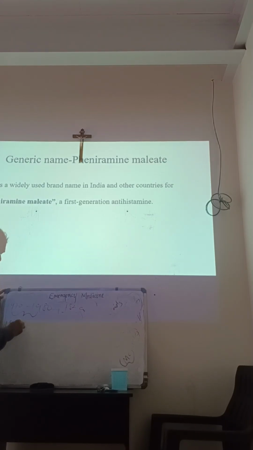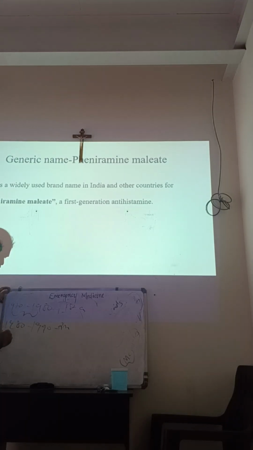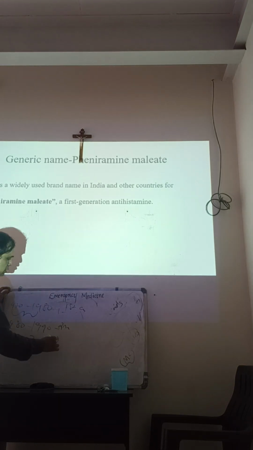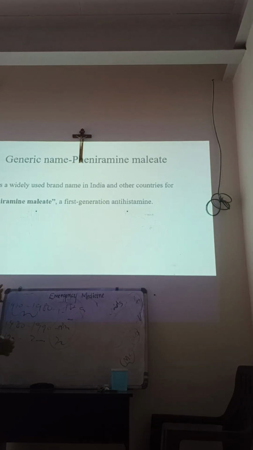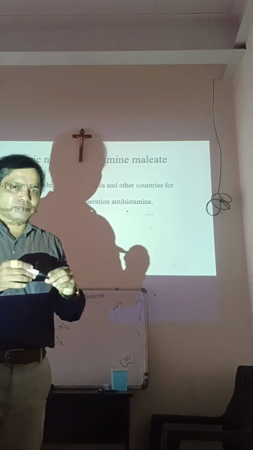Now from 1980 to 1990, with lots of research, with a good profile, fewer adverse effects and good efficacy, if they release a drug belonging to the same group, it becomes second generation. They have more advantages. Suppose 1992 to 2000 or 2020, maybe that is the third generation. So generation is nothing but the drug released to the market with better efficacy and safety profile. So this was the first released. Pheniramine is a first generation antihistamine.